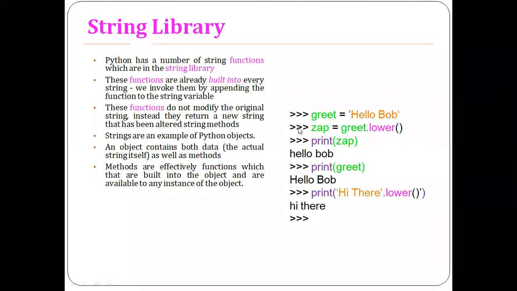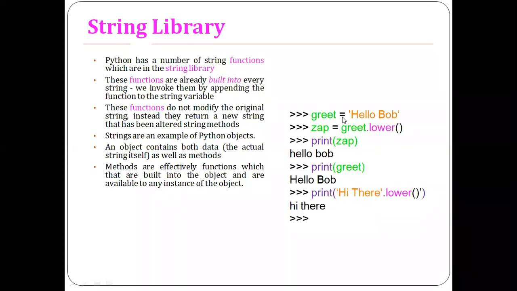As you already know, these library functions will not alter the original string. So even if you print the value of the original string, it will print the same string, Hello Bob. And look at this one: I have not assigned this string literal to any variable. Instead, I'm using the string literal directly and converting it with lower. The output gets directly converted because the string literal has not been assigned here.